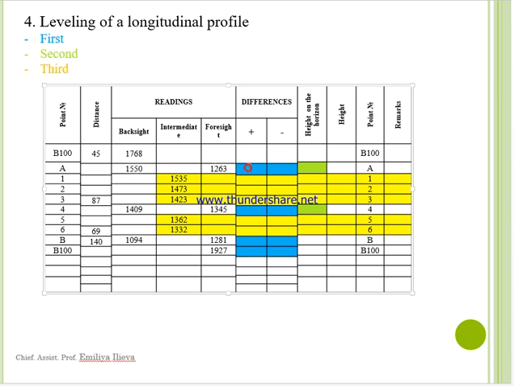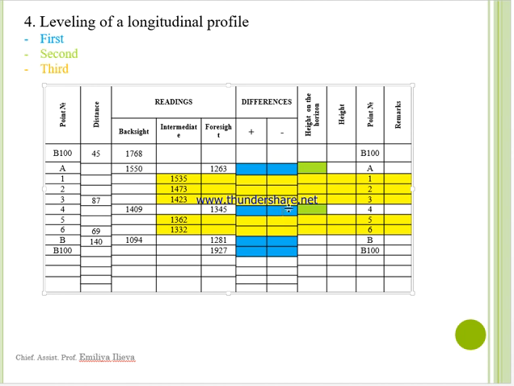Depending on the sign, you're going to write the value here or here. After that, the next difference is going to be between this backsight reading to point A minus this foresight reading to point 4. So here or here you need to write the value of this elevation difference according to the sign.